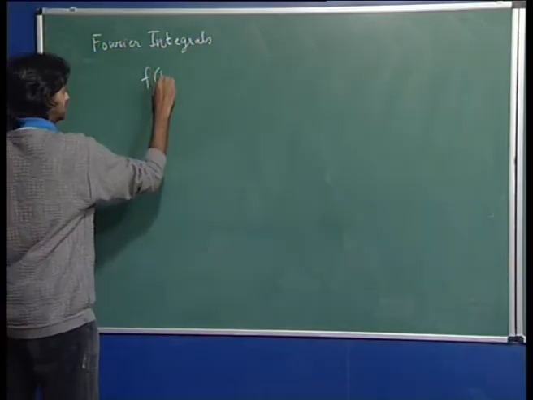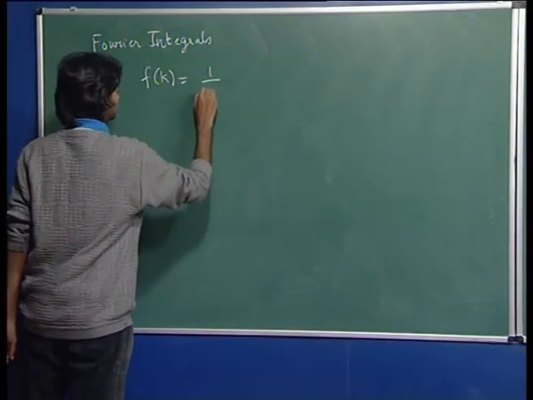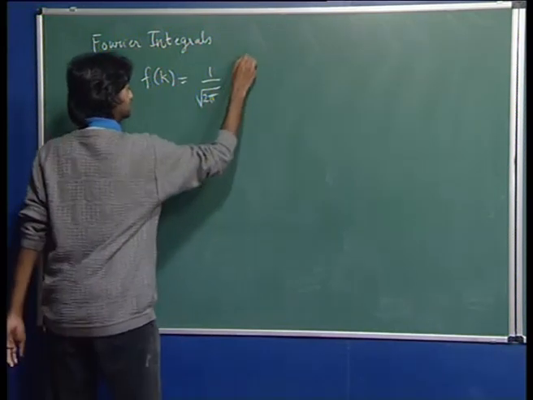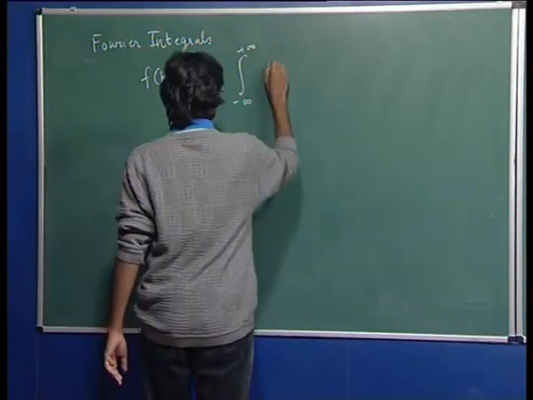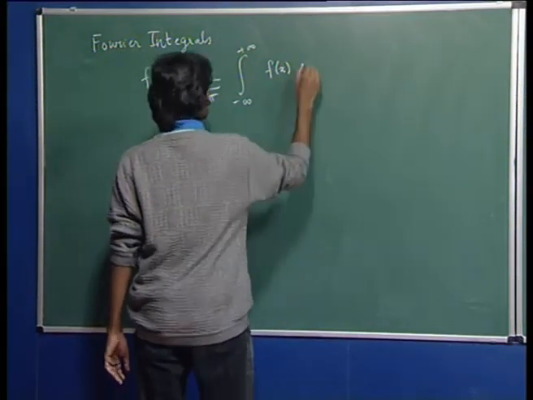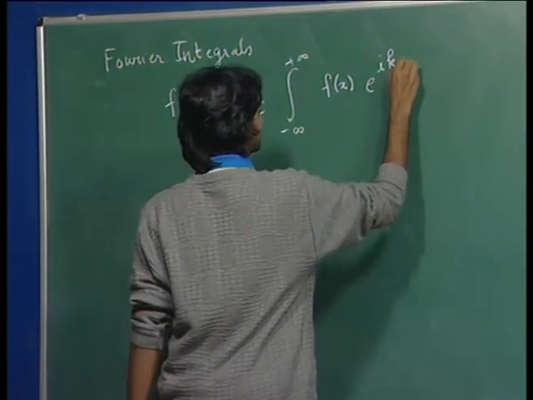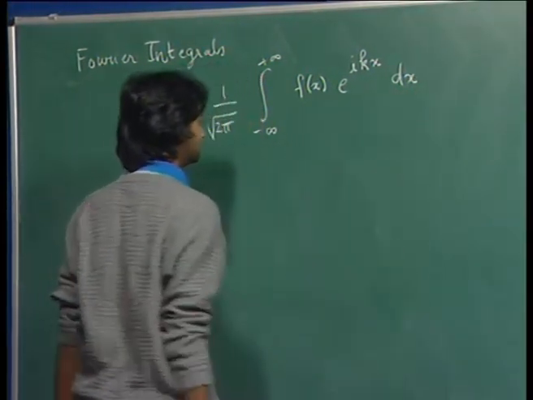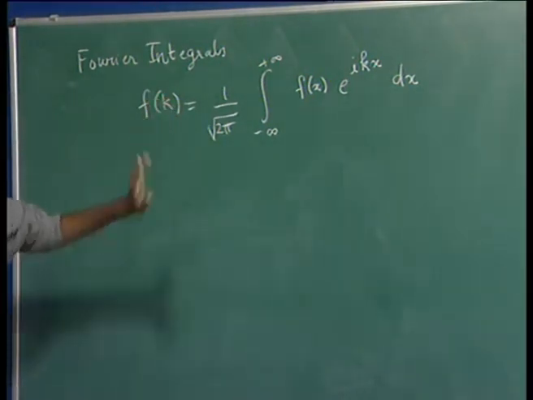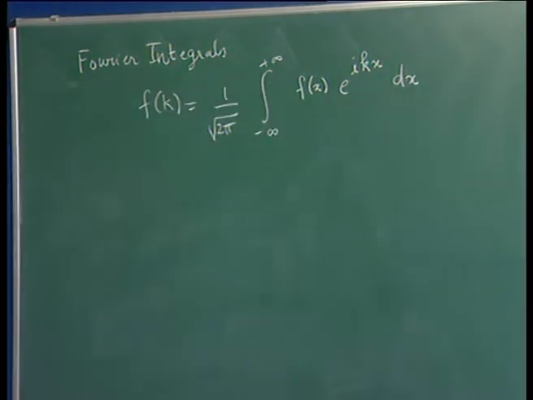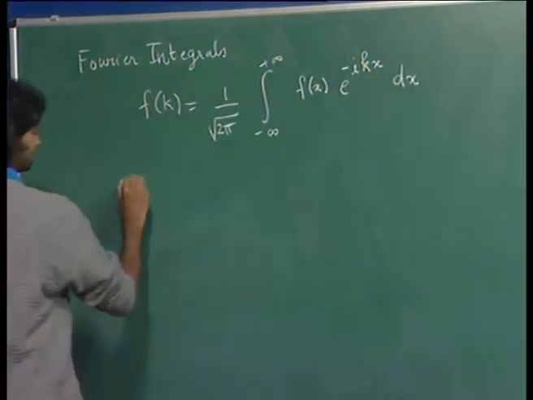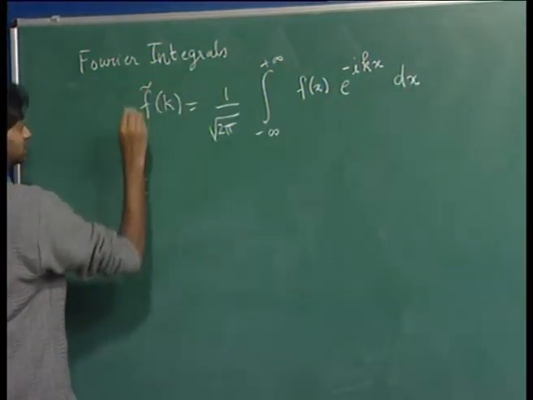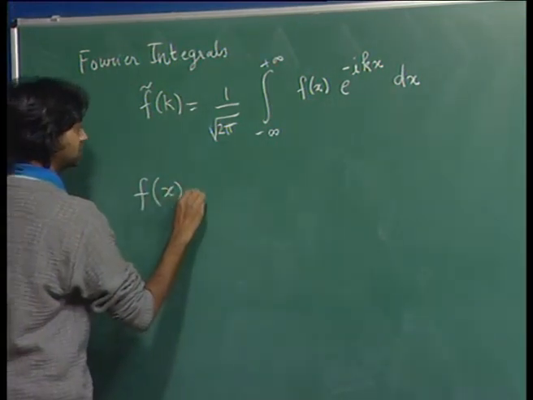In that, f tilde of k is equal to 1 over root 2 pi times the integral from minus infinity to plus infinity of f of x e to the minus i k x dx.